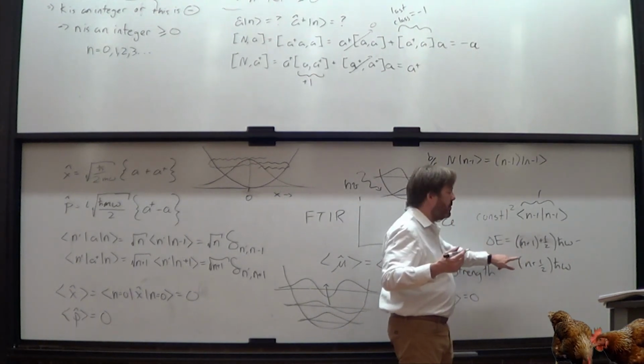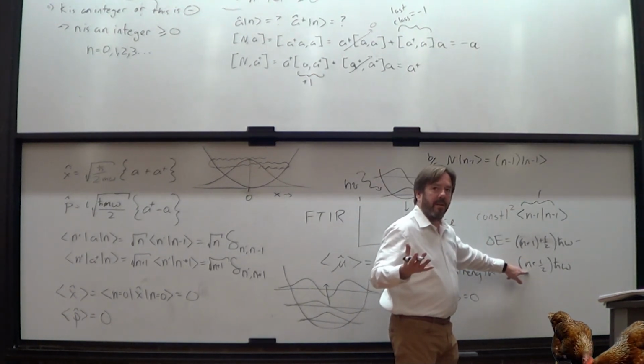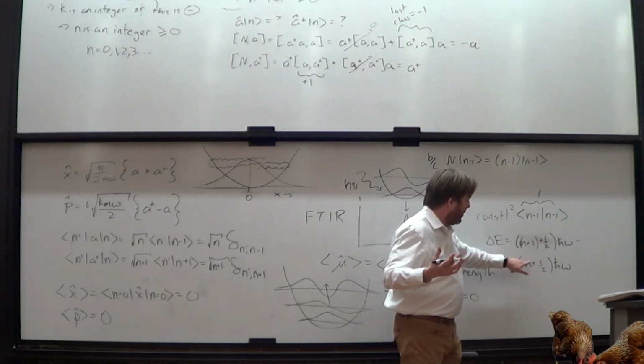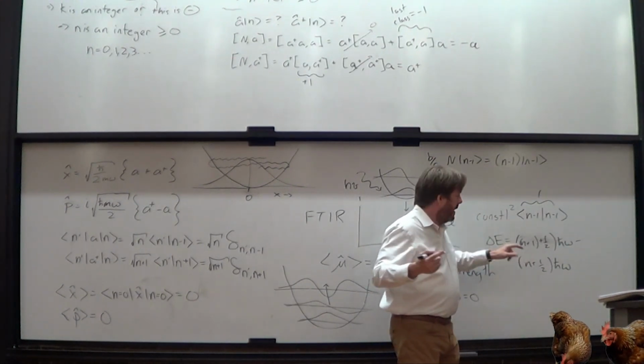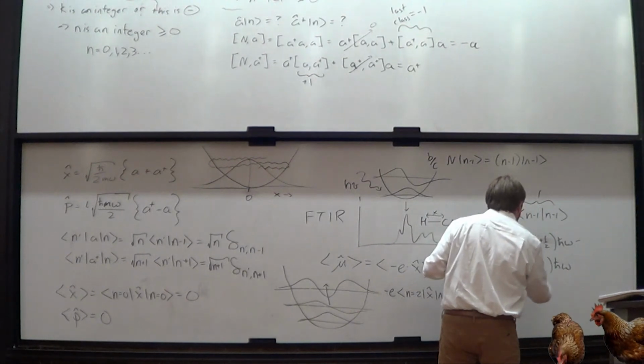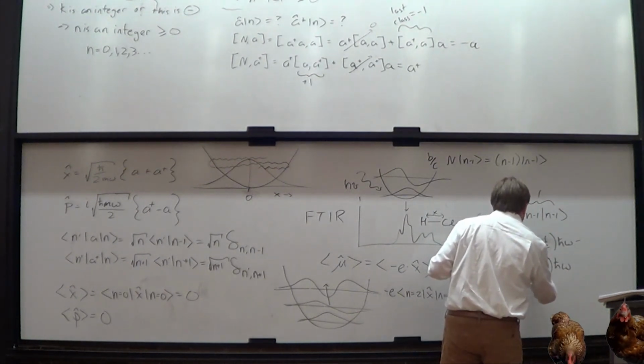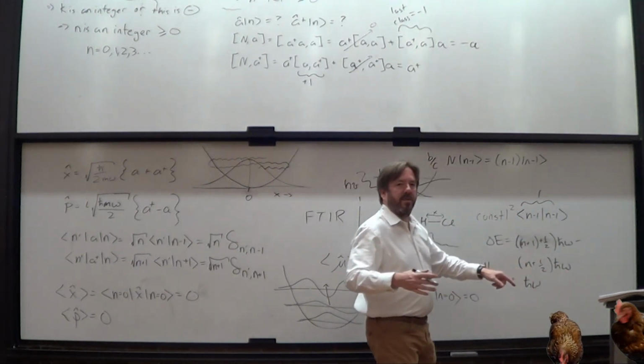The change in energy, which is the spectroscopic wavelength, if I subtract those two, n disappears. It just ends up being, right? If I subtract those two, it's just h bar w.